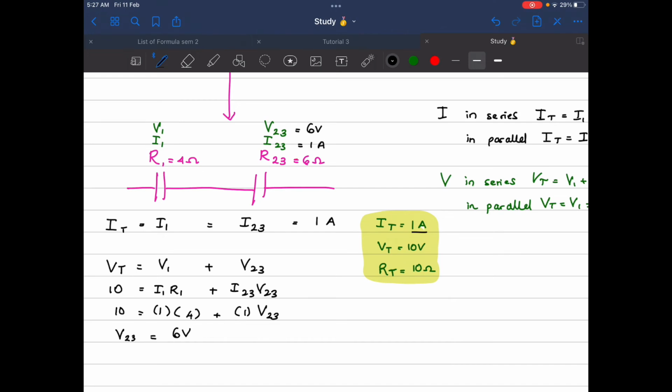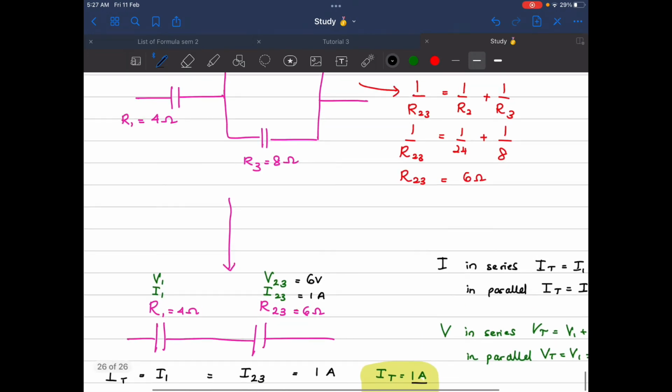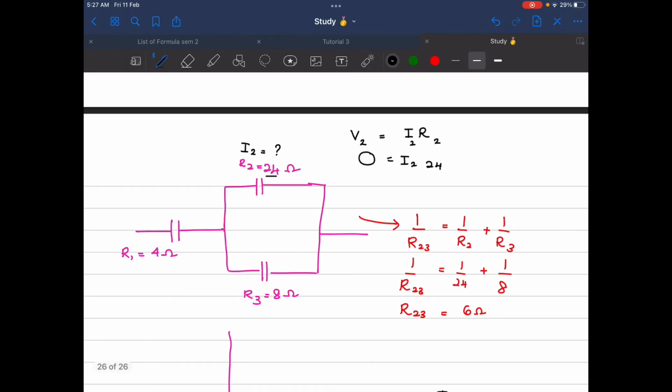Right, so this one, we know V23 equals 6 volt. So we look back. This is V2, this is V3, and we know V23 is 6 volt. We see that 2 and 3 are in parallel.